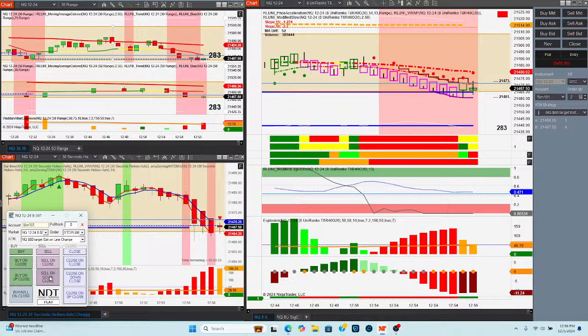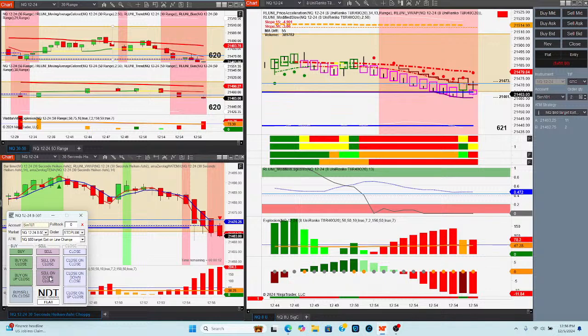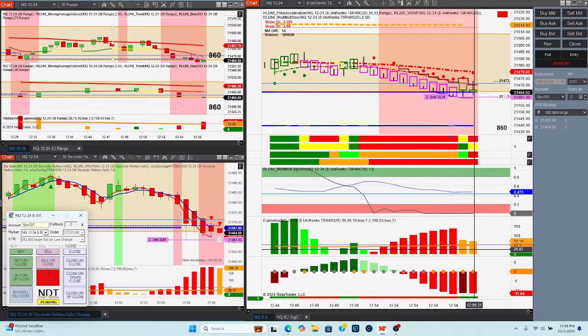Right down to that volume zone. It just stopped. Order submitted. Don't like how low this is. I'm hoping I get a red pop here.